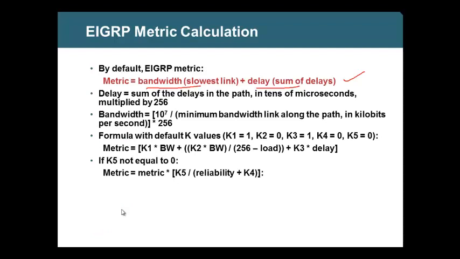EIGRP metric calculation: the metric is equal to slowest link bandwidth plus sum of delay. What does this mean? That's what we are going to learn next.